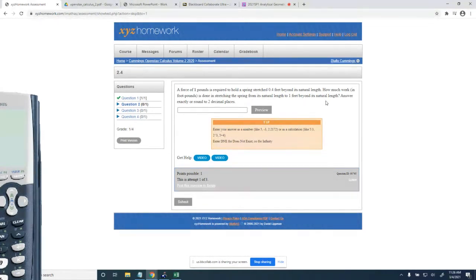So our limits of integration are from 0 to 1. Now keep in mind I don't have to convert any units because everything is in feet. All right, so foot pounds. They kind of give us our units, so there's no need to convert.